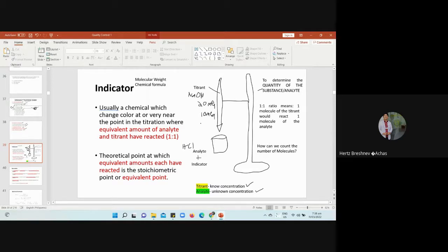If we apply the 1:1 ratio, 1 molecule of the titrant, 1 molecule of the analyte, strictly followed, how much is the quantity of our analyte? Using the 1:1 ratio, the quantity of our analyte is also 10. I hope you were able to get the principle on how to use the titration process to identify the quantity of the substance.